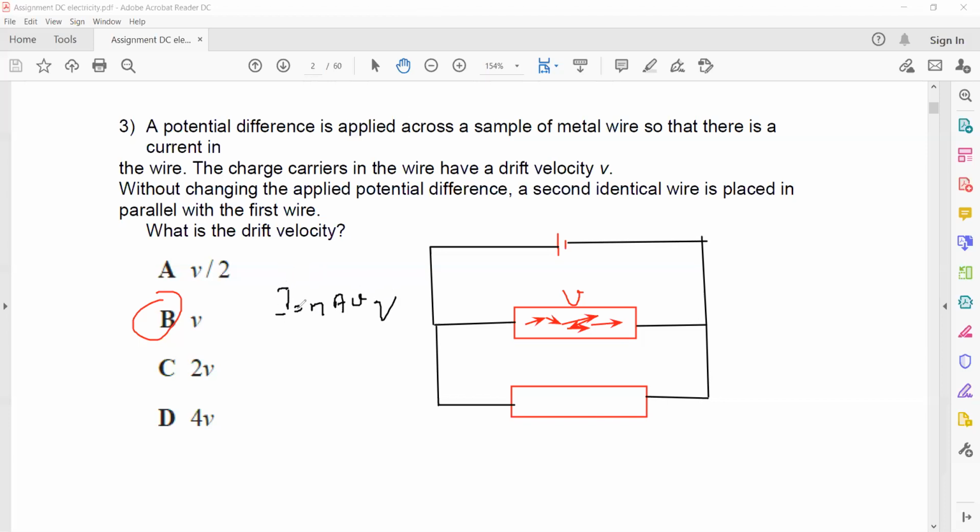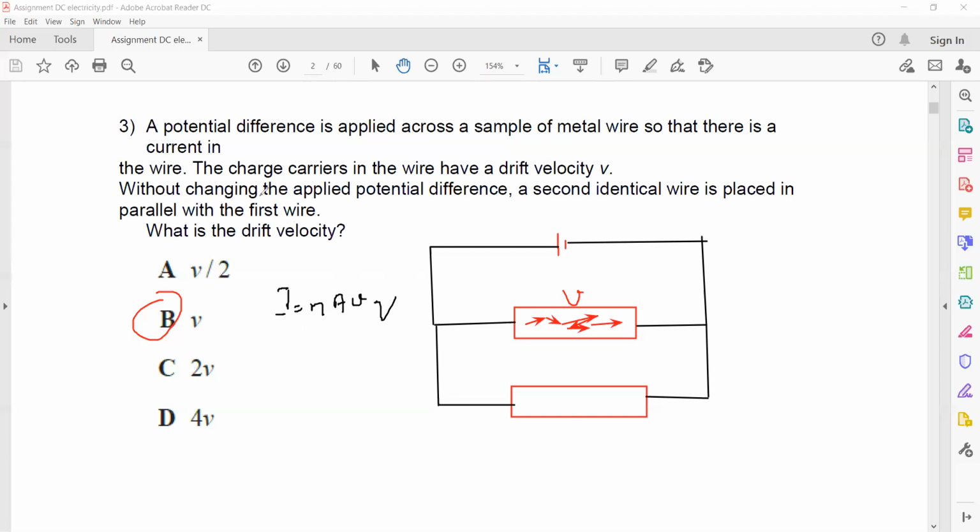So drift velocity depends on how much current is passing through, like what is the total current in the circuit. It also depends on the number of charge carriers, the area, and the charge.